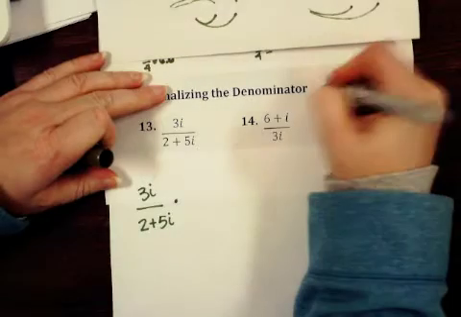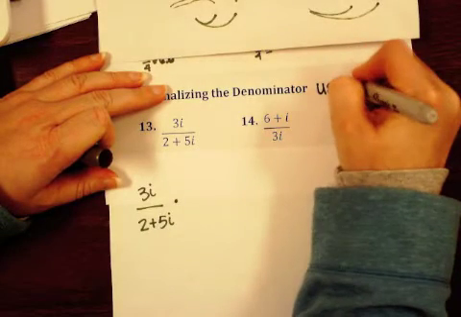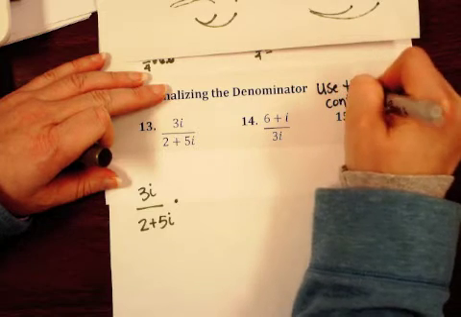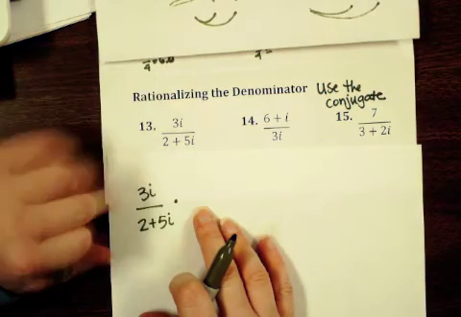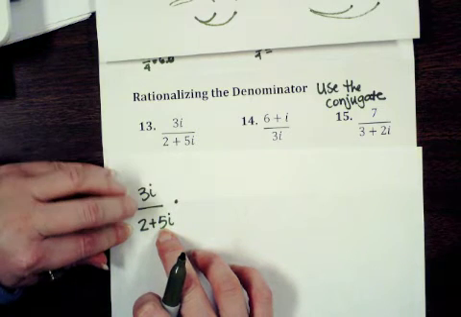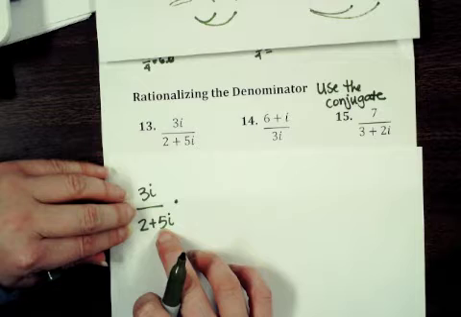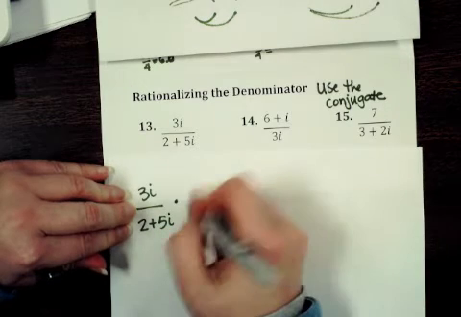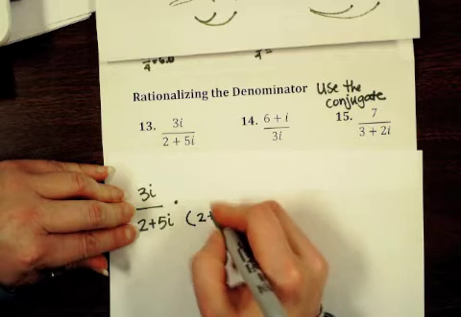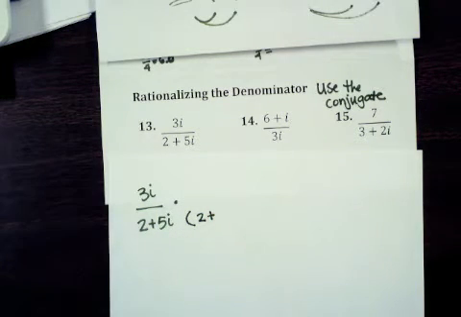Okay, so go ahead and use the conjugate. In this case, the conjugate is what's going to take care of getting rid of the radical. And we learned what the difference of squares was, and that's what's going to help me. So I'm going to make a partner that's going to be 2 minus 5i.